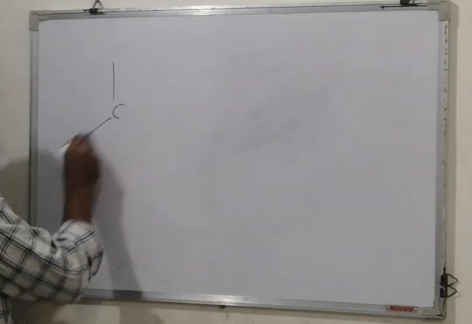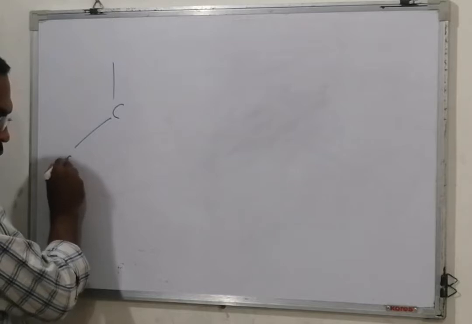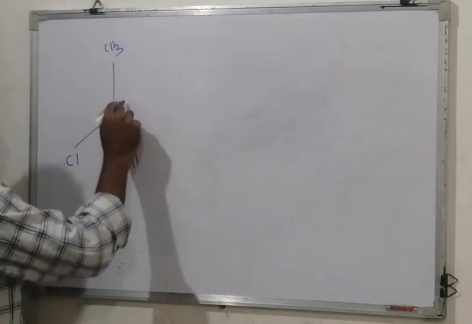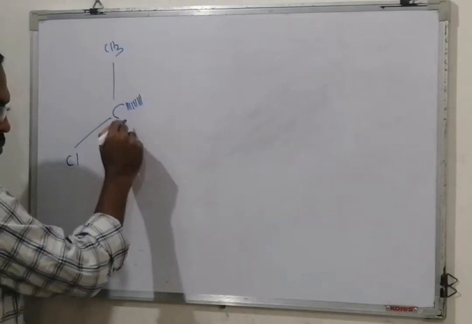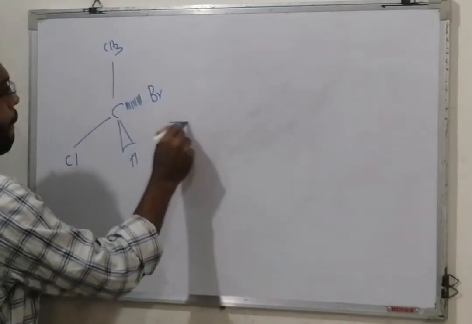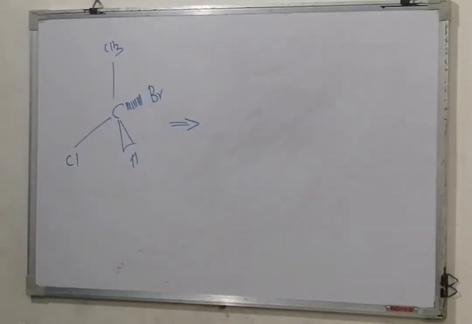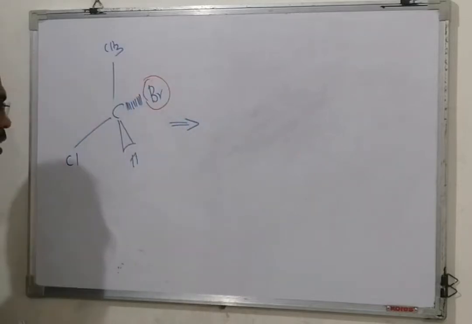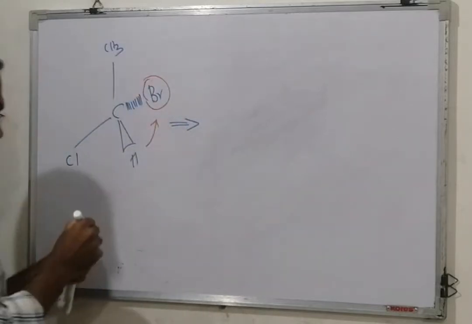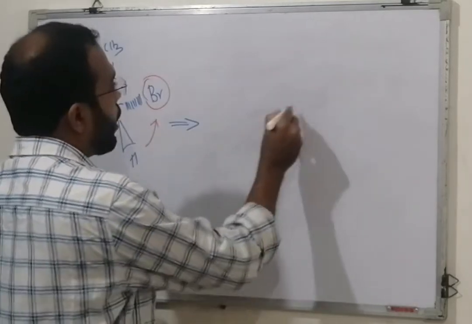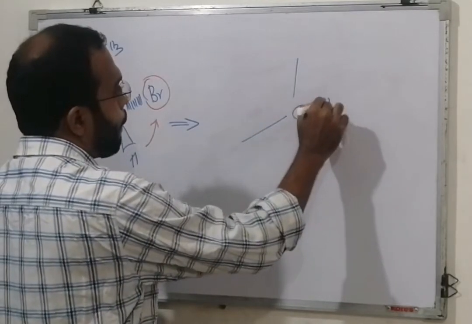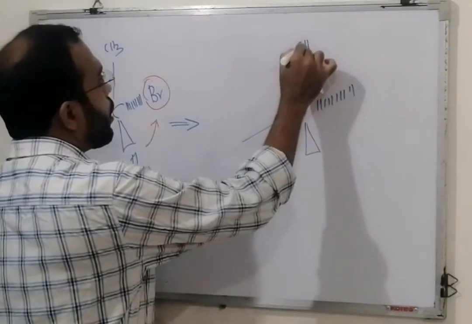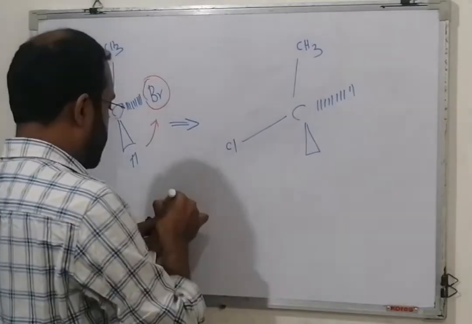C, Cl, CH3, H, Br. The dashed line contains Br, among the most priority. Therefore, you want to exchange that. For exchanging, please take CH3, Cl.